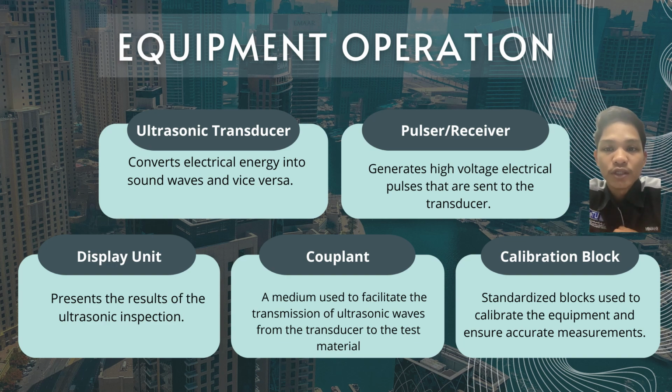Next, display unit to present the results of the ultrasonic inspection. Next, couplant, a medium used to facilitate the transmission of ultrasonic waves from the transducer to the test material. And the last equipment is calibration block, a standardized block used to calibrate the equipment and ensure accurate measurement before use.